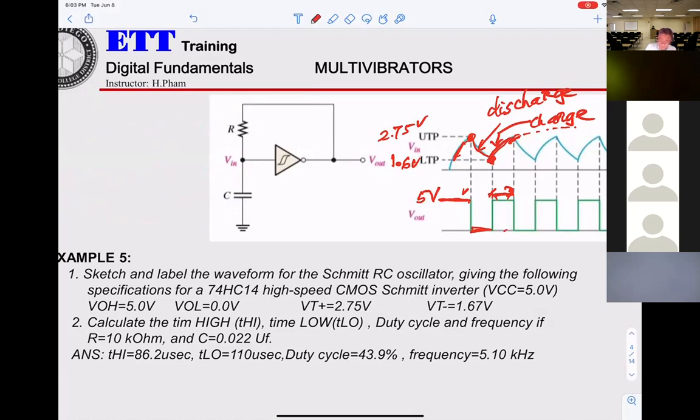Okay, if you want to calculate the T high, then the formula will be RC times log of 1 minus delta VC over E. We already know R and C.